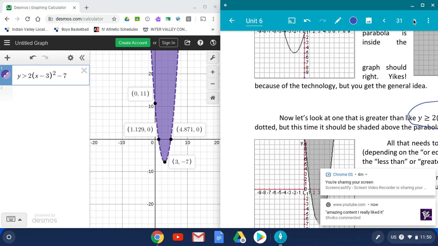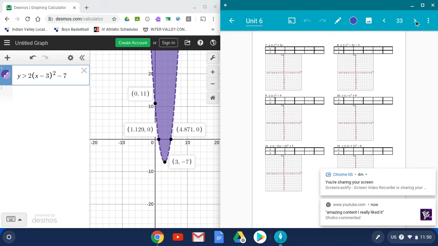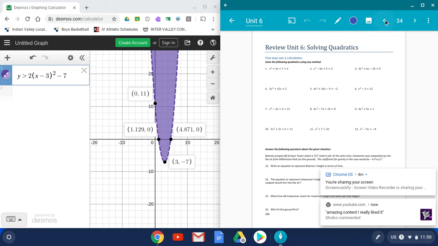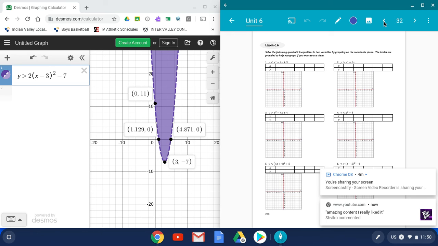So homework for section 6.6 is going to be all of the questions, which is a whole 12 of them. So 1 through 12. Make sure that you put in your x and y values that you can find as part of the graph. I would suggest you always use your vertex, your solutions, which are your x-intercepts or your roots, your y-intercept, if you have one of those. Try to find and use nice round numbers in there.